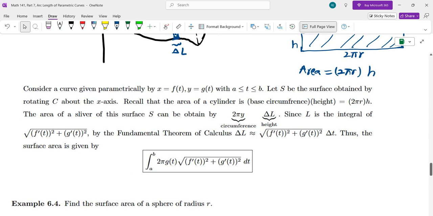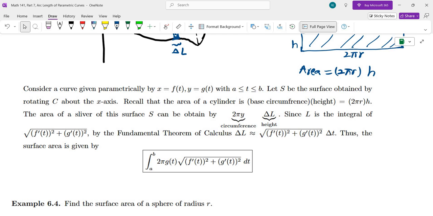So if you consider the curve given by x equals f of t, y equals g of t, and t goes from a to b, and S is the surface obtained by rotating C about the x-axis. We know that the area of a cylinder is base circumference times height, which is 2 pi r times h.